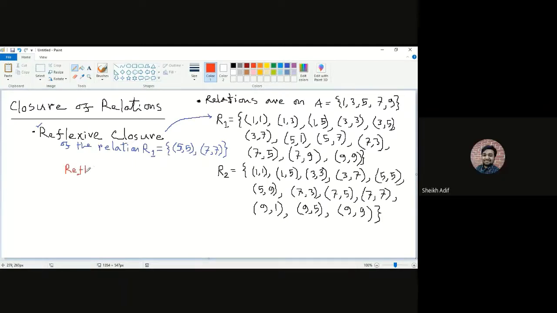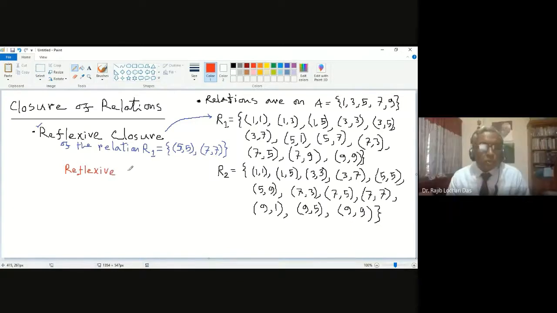So there is no reflexive closure of R2. So that means it is already a reflexive relation. So reflexive closure of R2 is null. There is nothing more needed.